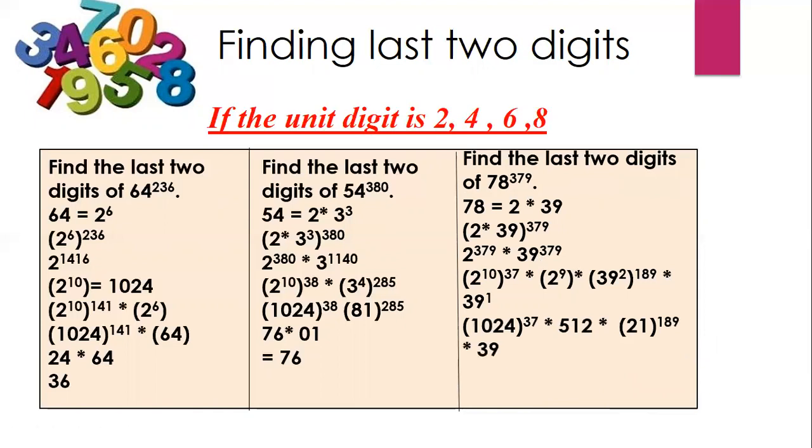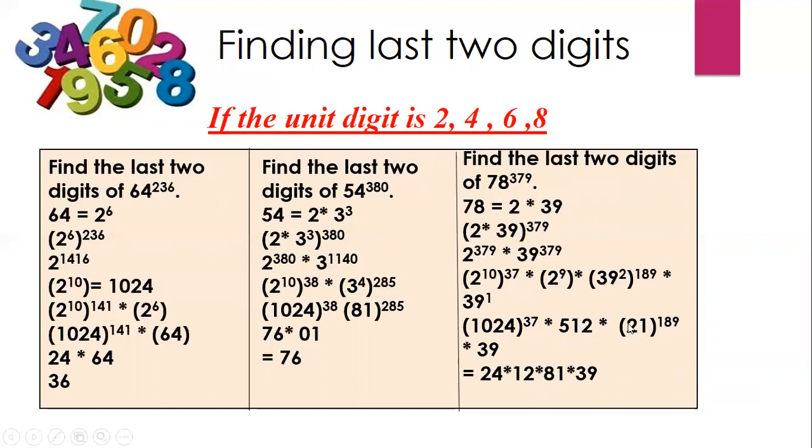So 2 power 10 is 1024, to the whole power 37, into 2 power 9, which is 512. We need only the last two digits, which is 12. Then 39 square ends with 21. So 21 power 189 into 39. So 24 power an odd number will definitely be 24, into 12, into 21 power 189, into 39. Here we can apply the rule: 1 is our unit digit.